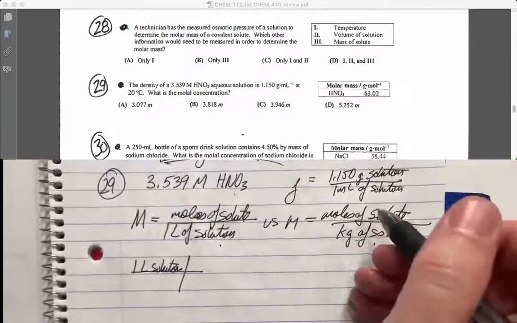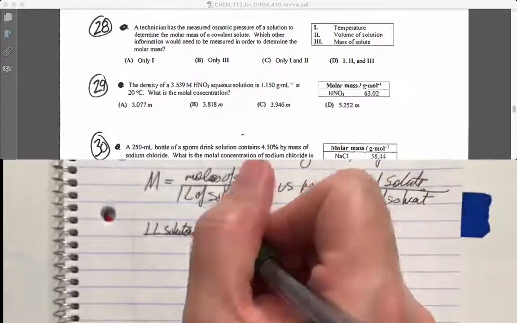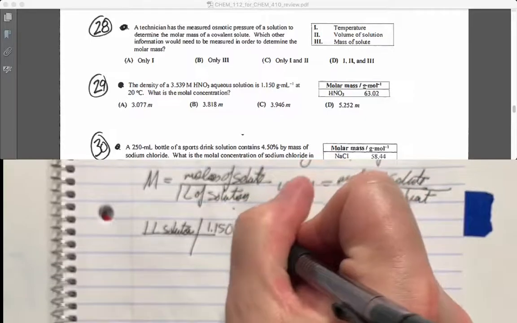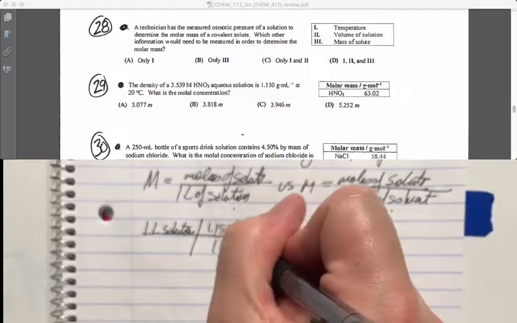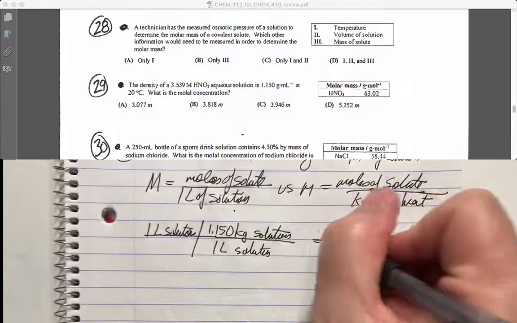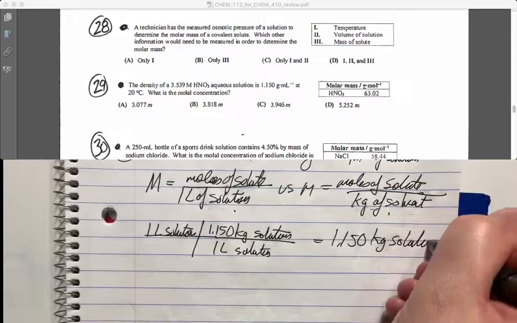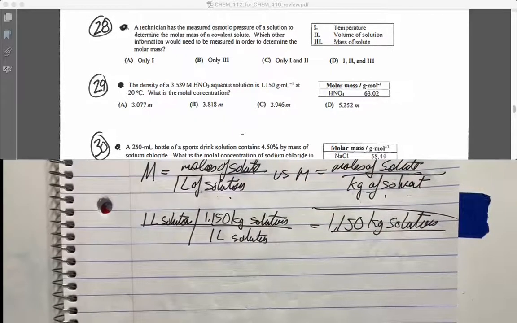It's just the same as taking the top and bottom here and multiplying by 1,000 to do that conversion. So 1.150 kilograms of solution over 1 liter of solution. Okay, so now we know the mass of the solution.